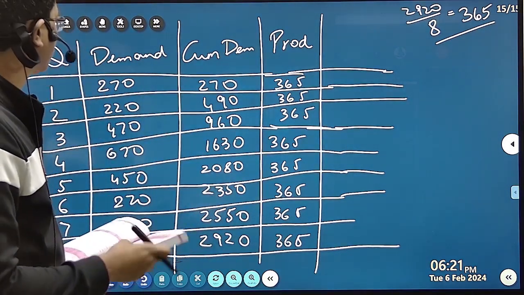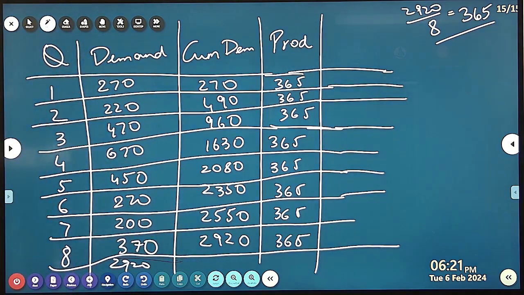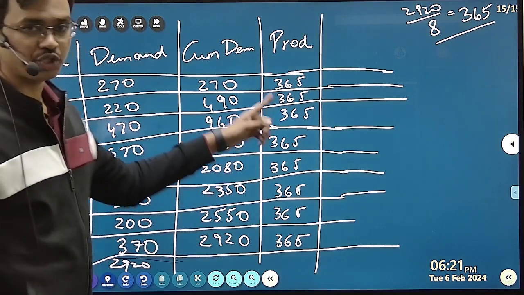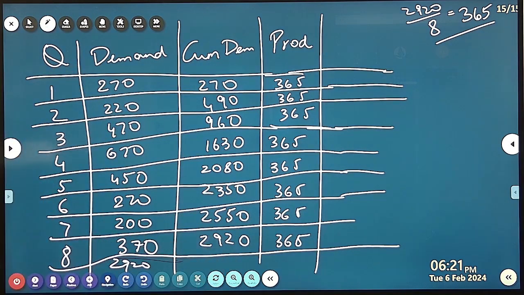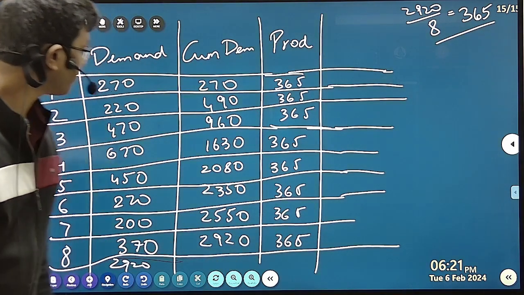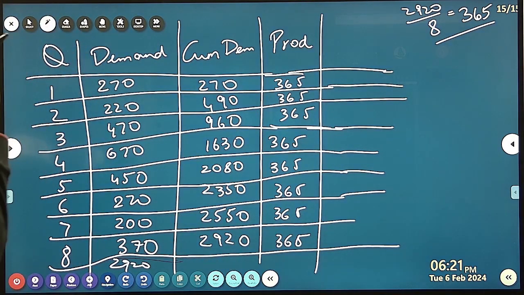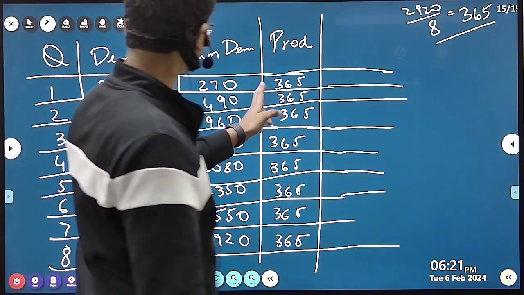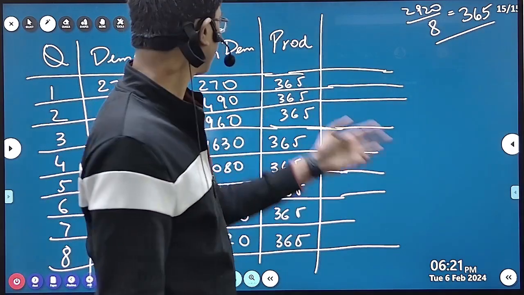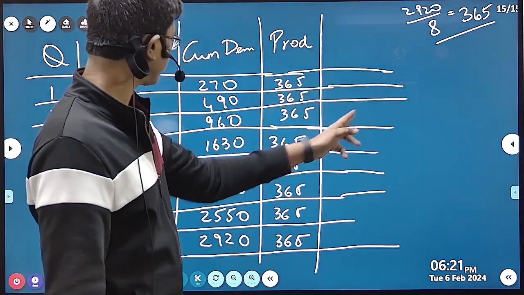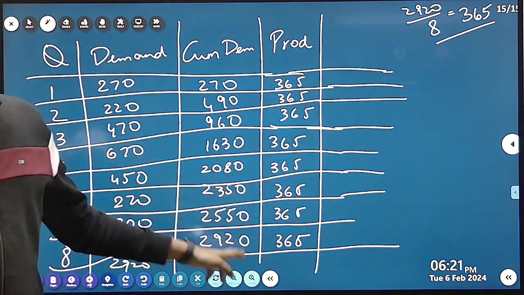Now this is a varying inventory level, right? Whatever we produce, we should be able to fulfill the demand. We cannot directly start from zero and hope that whatever stock we are carrying forward will fulfill the future demand.